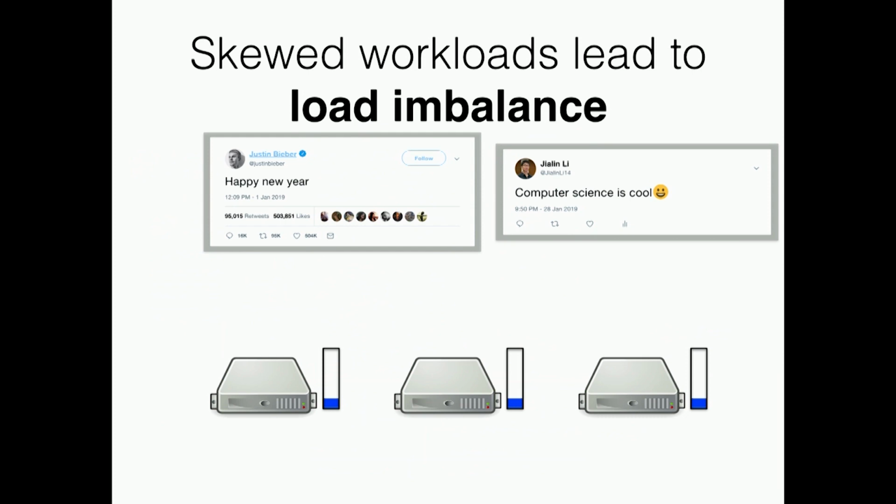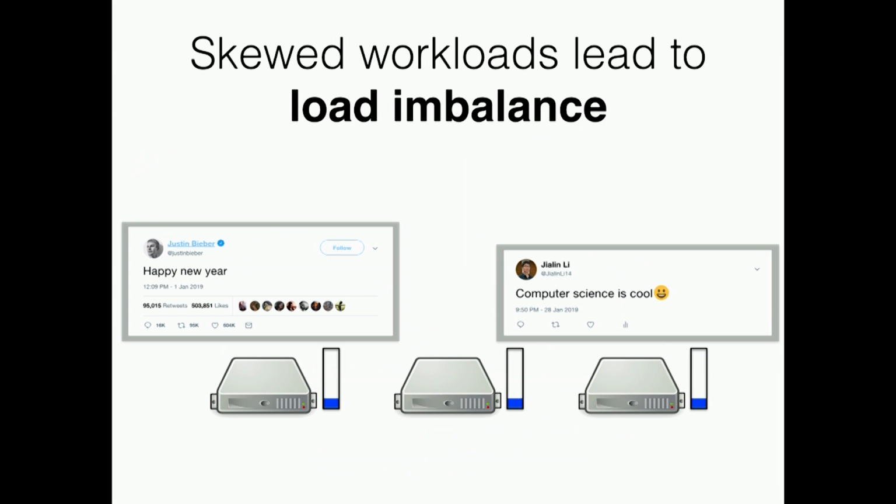So these highly skewed workloads impose a lot of challenges on distributed storage systems. These systems typically partition their data across multiple storage nodes. So the server that unfortunately stores the popular tweets from Justin Bieber will receive way more traffic than some of the other servers, and will quickly become overloaded, as indicated by this load bar.